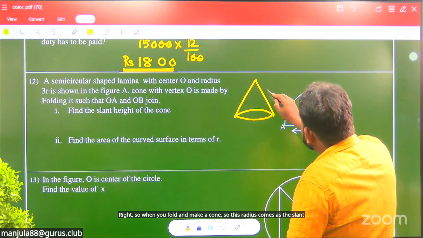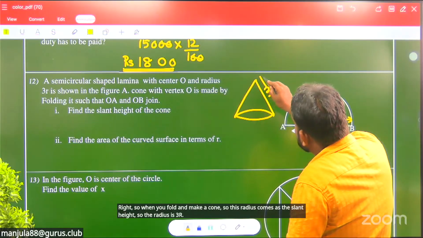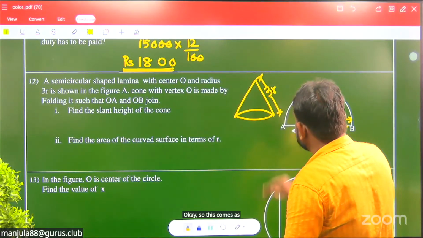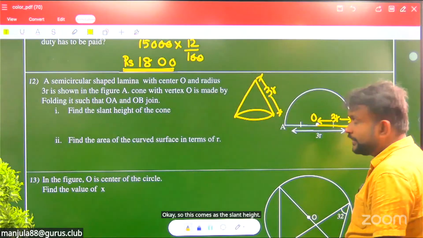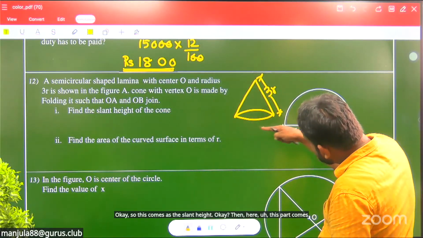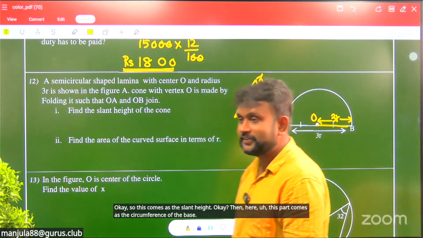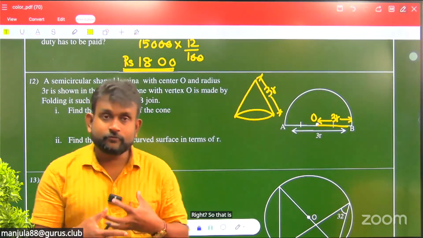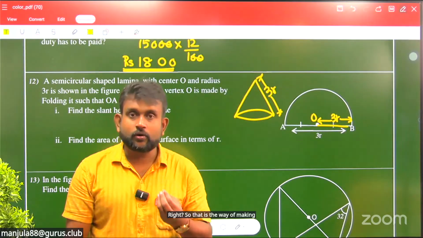So the radius is 3R, and this comes as the slant height. Then this arc part comes as the circumference of the base. That is the way of making a cone curved surface.